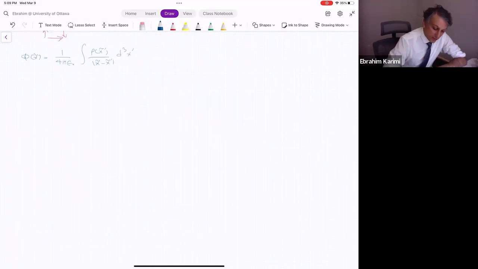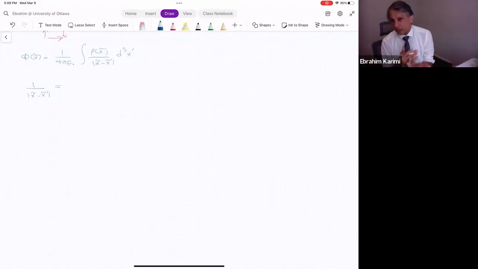The only thing that we have done was looking at 1 divided by |x minus x prime| and expanding it in the Cartesian coordinate, assuming that x is way bigger than x prime, and that was the expansion that we had. We can do the same with spherical harmonics.